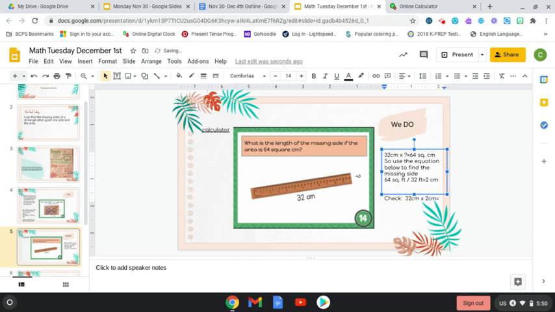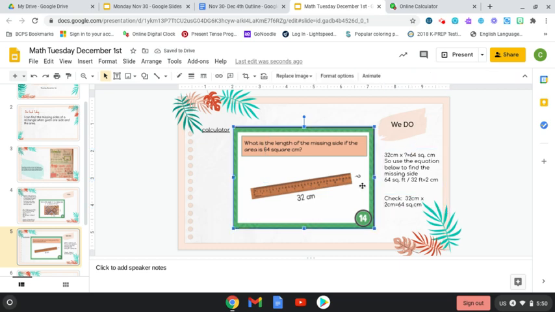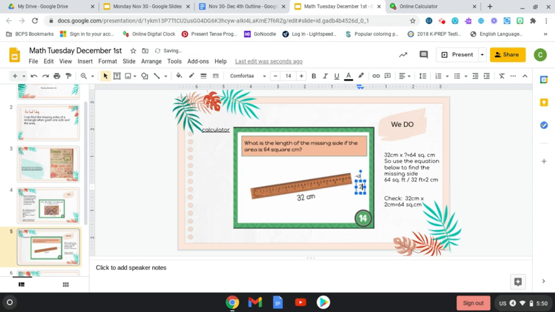It does equal 64 square centimeters, so it checks out. So the missing side length over here, the one that I found using division, is 2 centimeters.